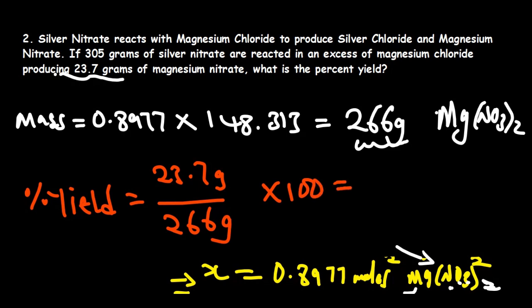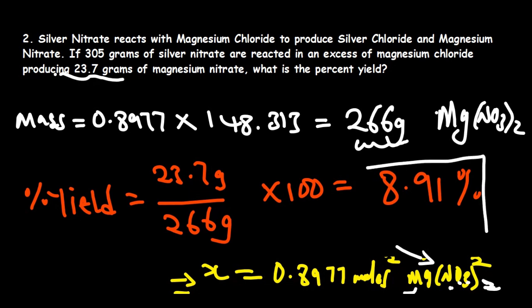Once you multiply this, you should be able to get 8.91%. So this here is our percentage yield. That's all for question number 2, and then let's look at question number 3.